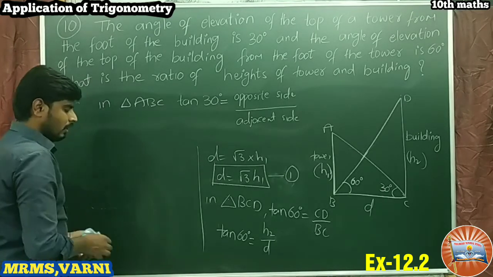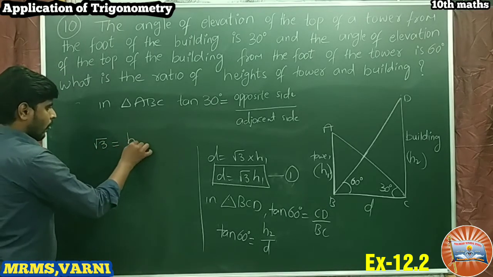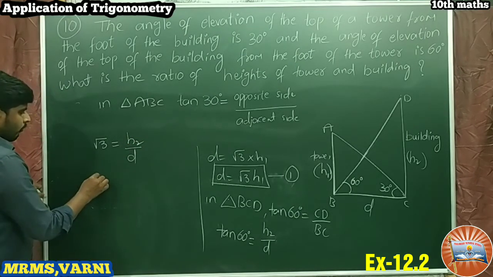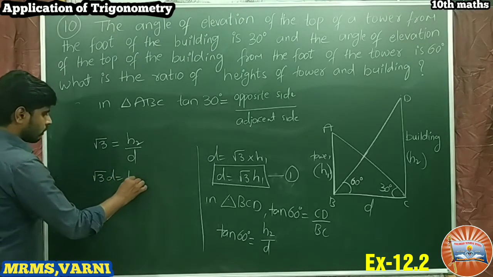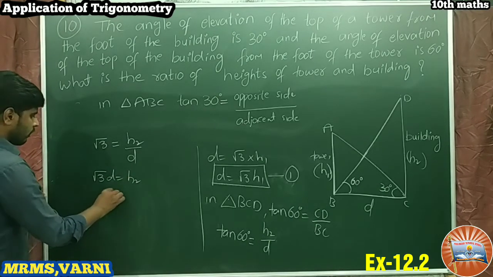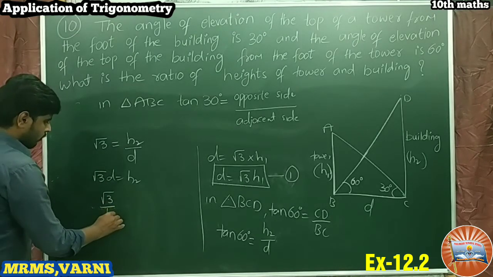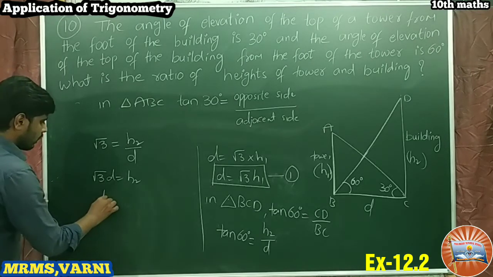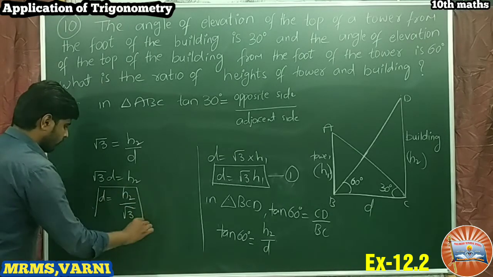The value of tan 60 is root 3, which is equal to H2 by D. Take the cross multiplication, so it becomes root 3 into D is equal to H2. So D is equal to H2 by root 3, isn't it?